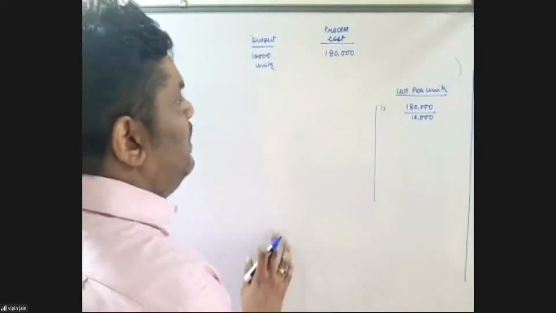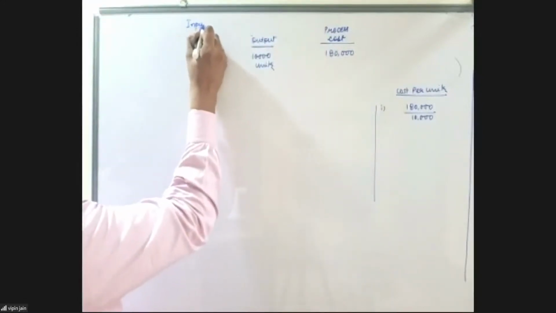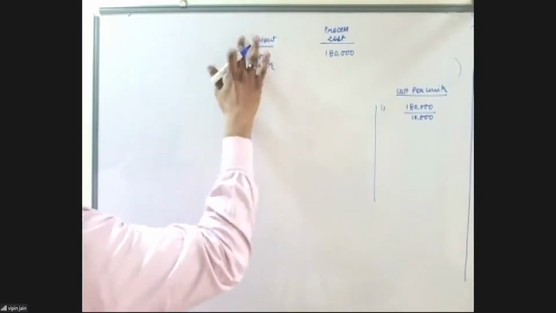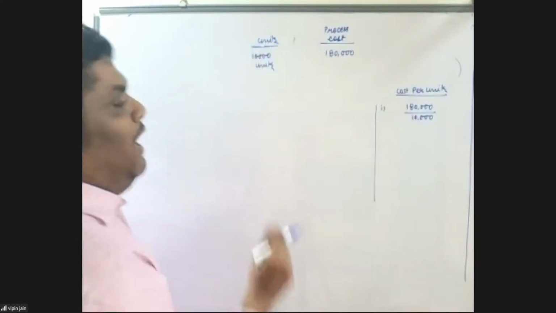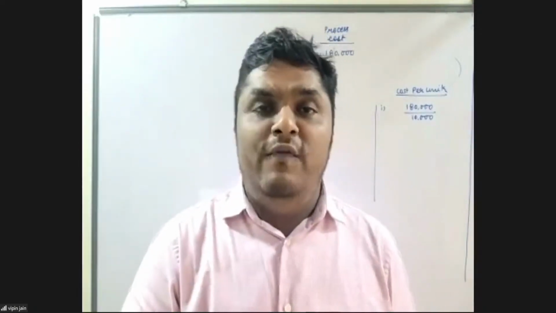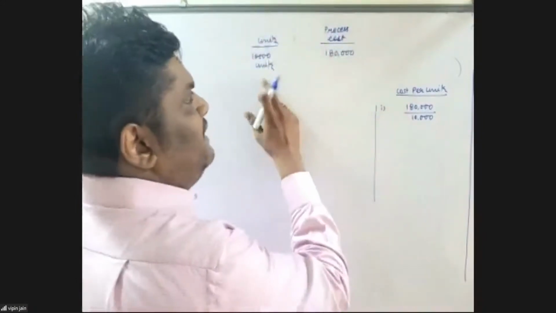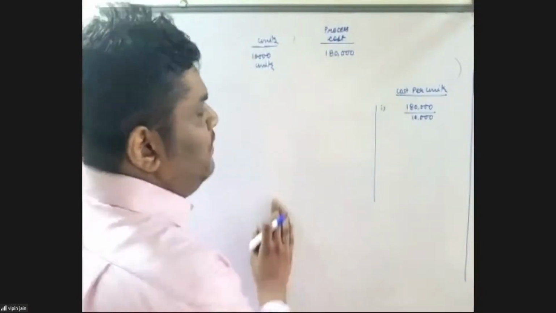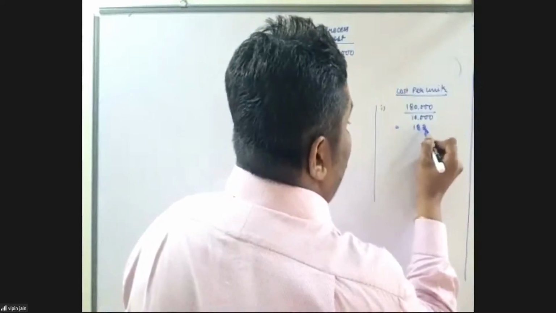I have made an input of 10,000 units and I'm getting an output of 10,000 units. So herein, my output is 10,000 units and my cost is 1,80,000 rupees. So my cost per unit will be very simple, that is rupees 18 per unit.